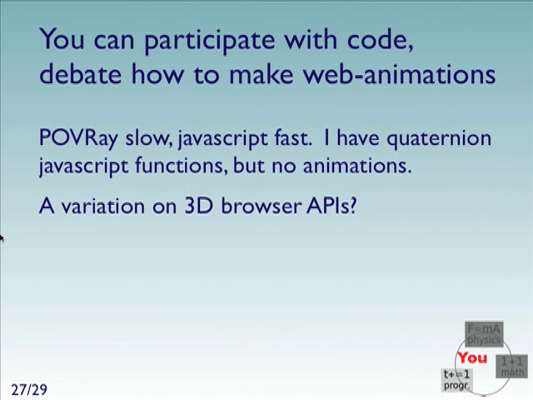So another big thing with code would be how to do web-based animations, because this software is slow, because Pavre makes really pretty pictures by bouncing light all around. JavaScript, on the other hand, is super fast, and I do have some JavaScript functions, but I'm not sure how to really make animations from there.